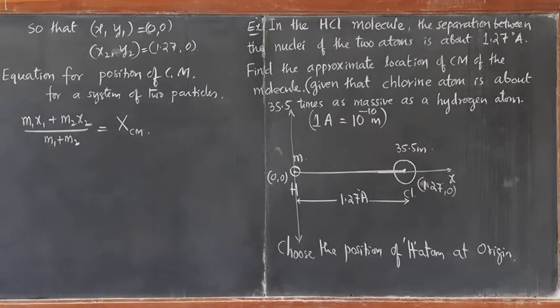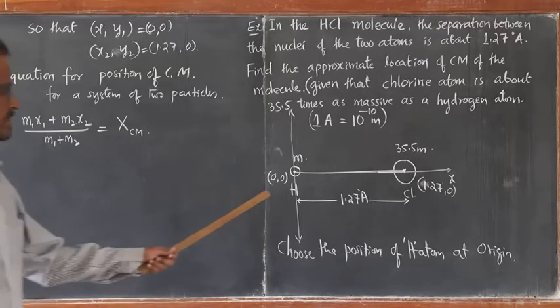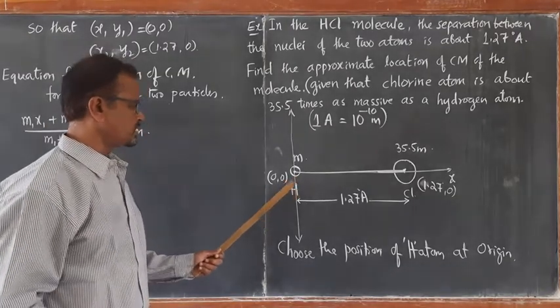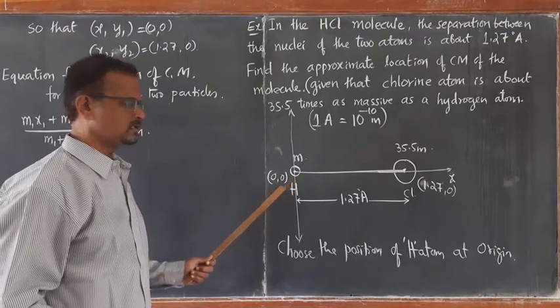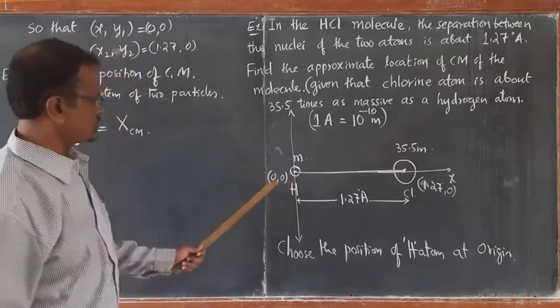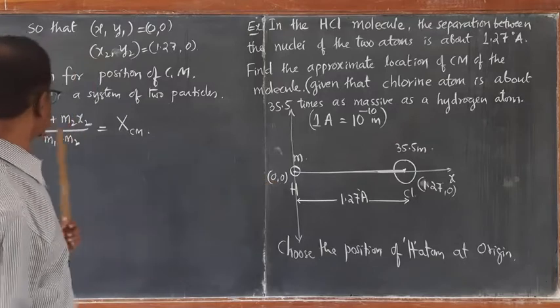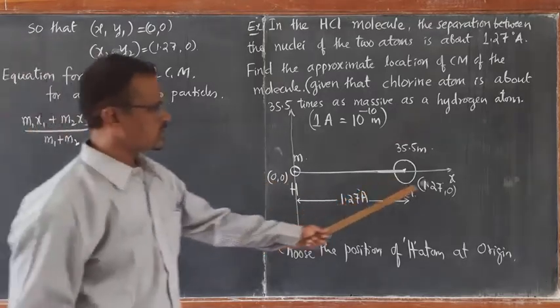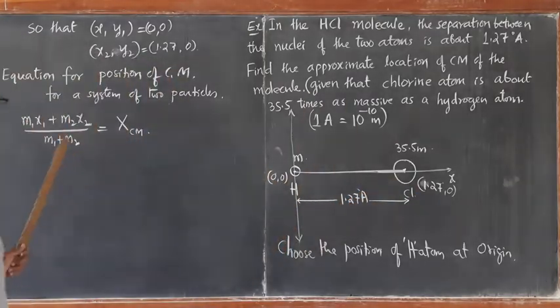Now it becomes very simple, because we have chosen the hydrogen atom to be at the origin. So substitute the value of x1 as 0 and x2 as 1.27.